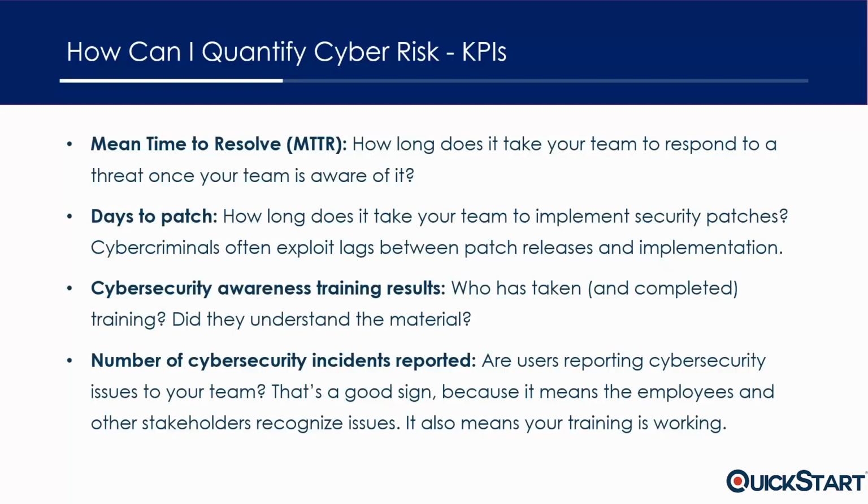Do I declare victory at the time it took for the patch to be released to the time we recognize it was released? That probably is not going to be a good measurement for you, simply because you haven't done anything yet.